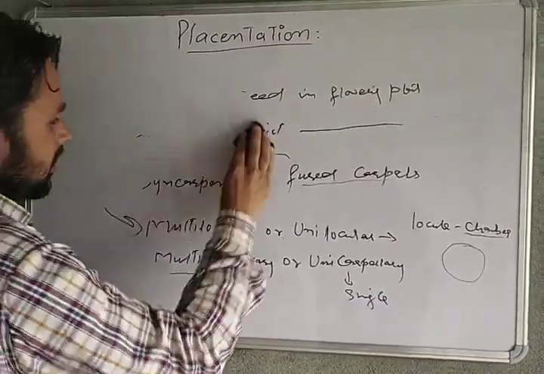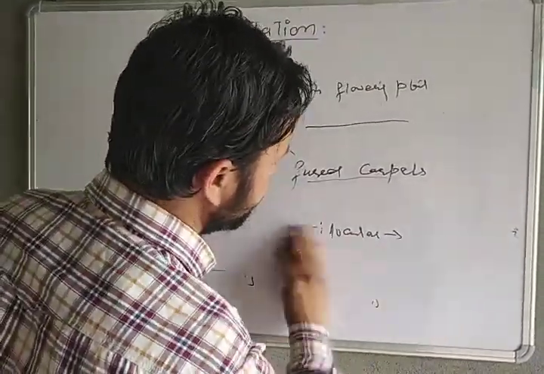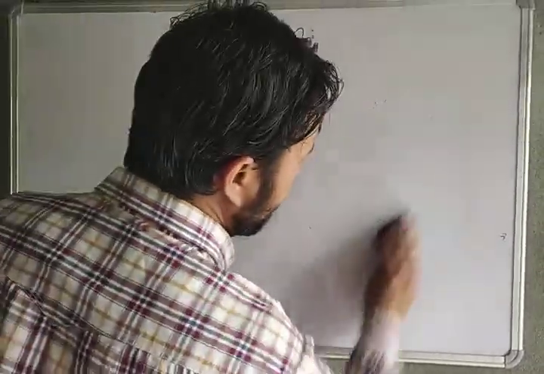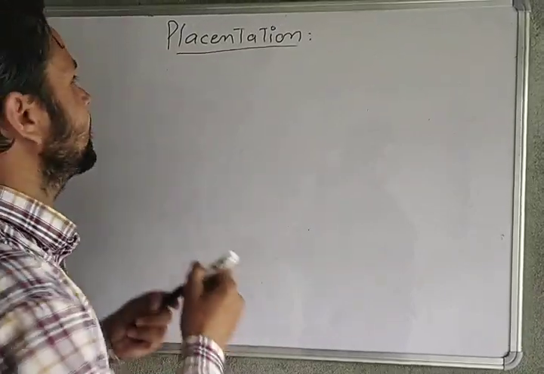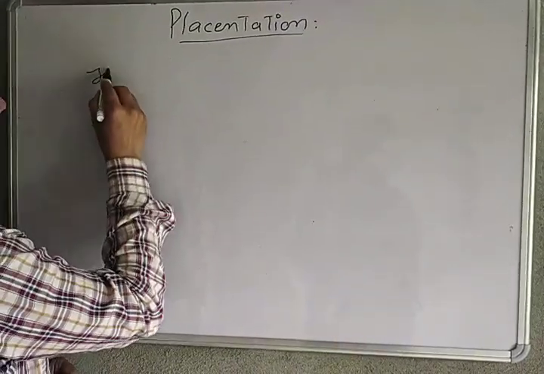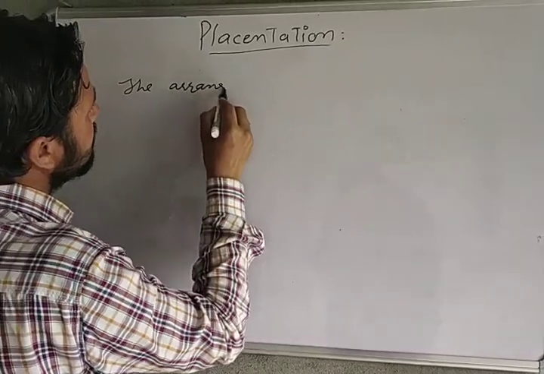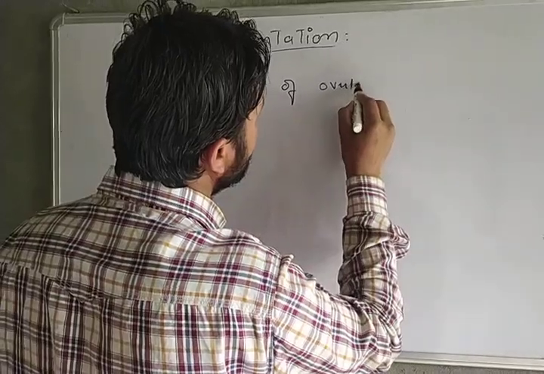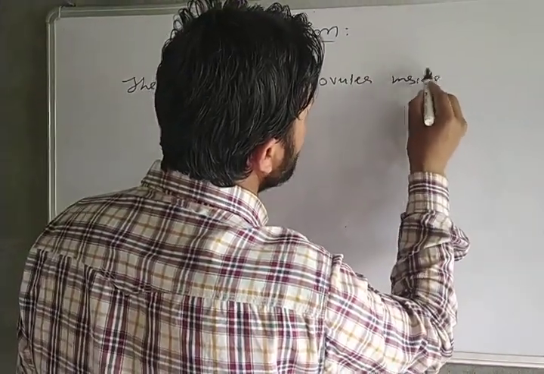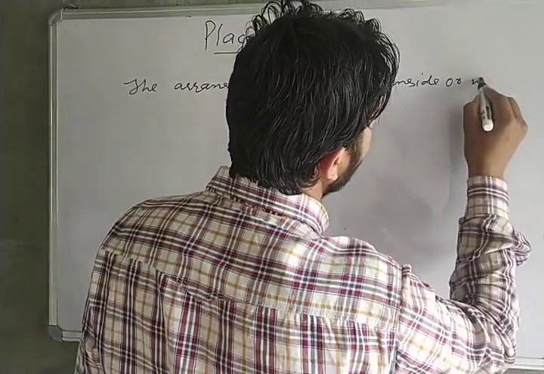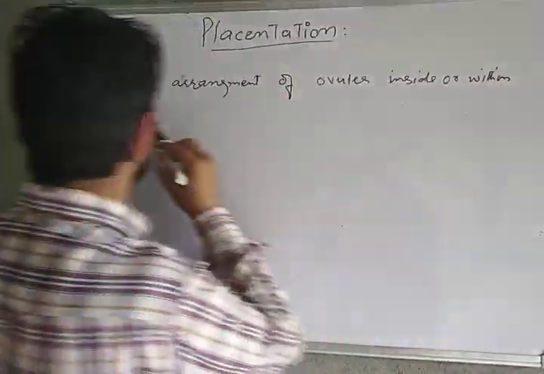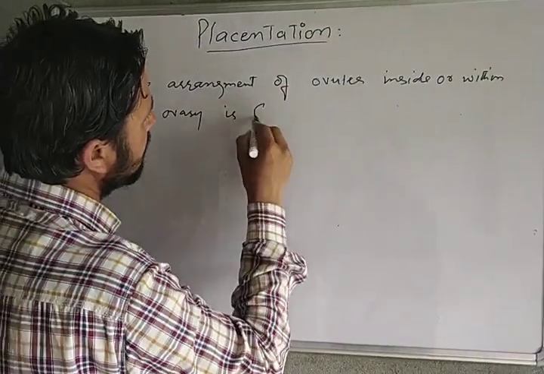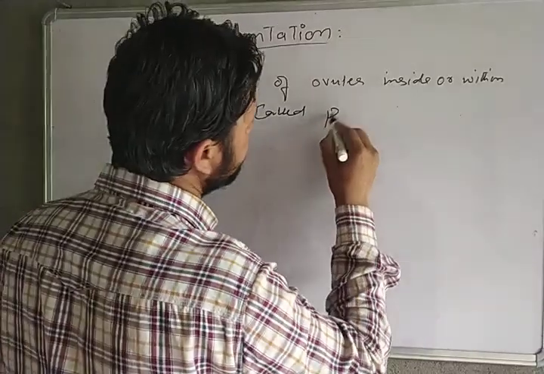Now, what is placentation? Placentation is the arrangement of ovules inside or within the ovary.